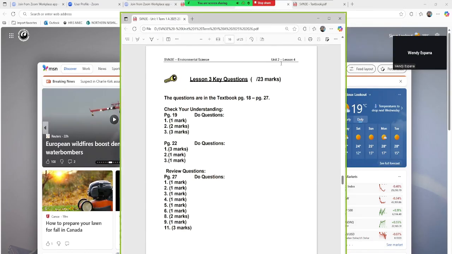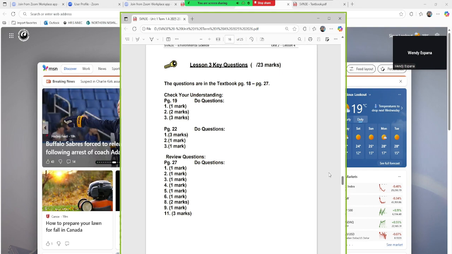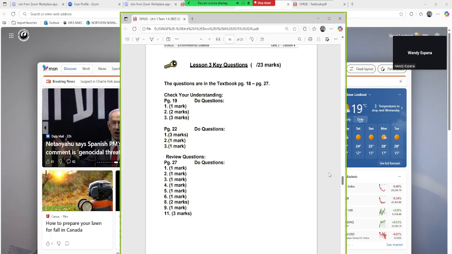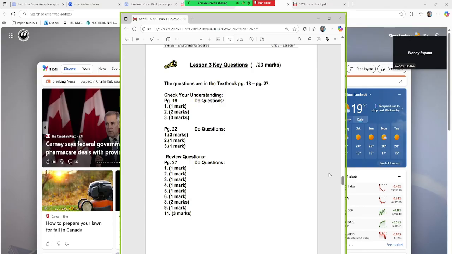So you can see the lesson 3 key questions are on page 16, and they say the questions are in the textbook, page 18 to page 27. Lesson 3 key questions are worth 23 marks. These are the questions you're going to hand in.